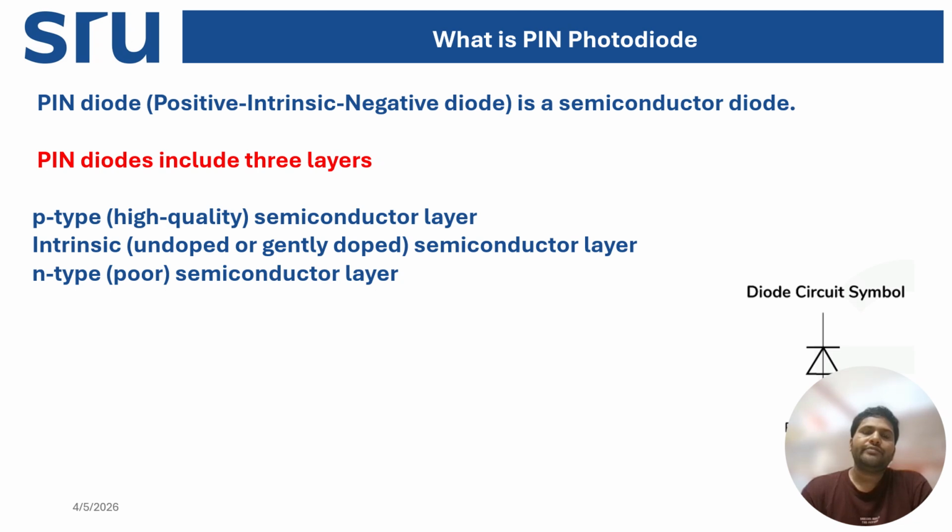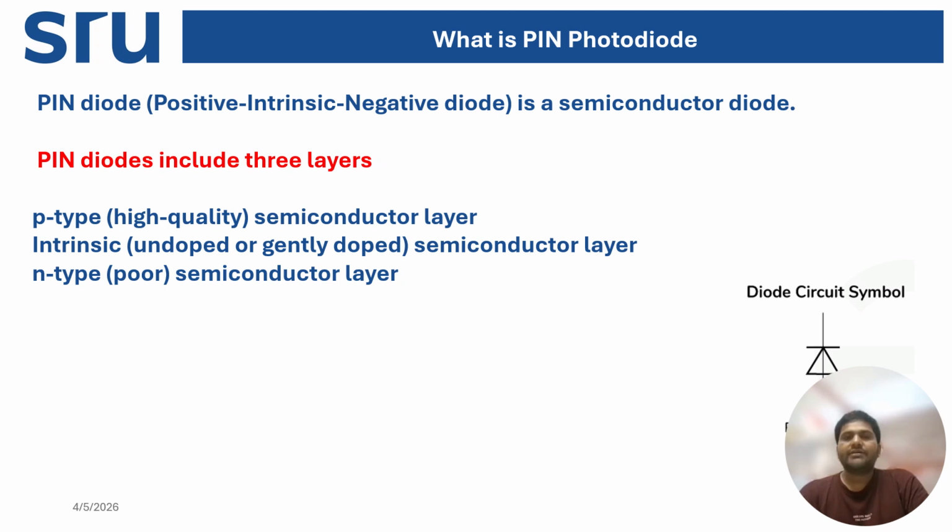So, mode of operation: the PIN photodiode is mainly operated in reverse bias condition. Reverse bias means you have to provide a reverse bias voltage to the PIN photodiode.